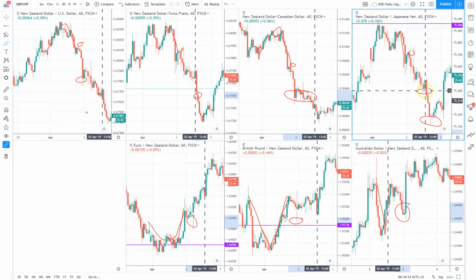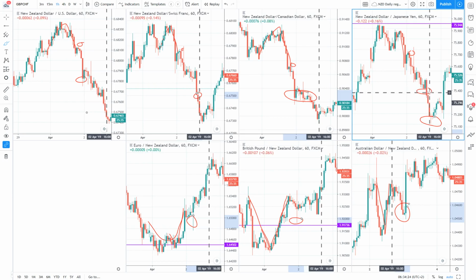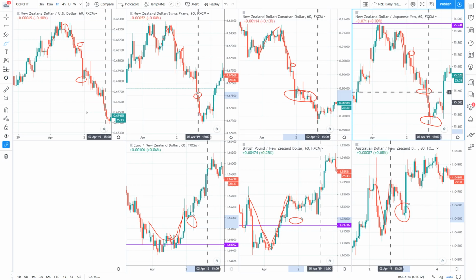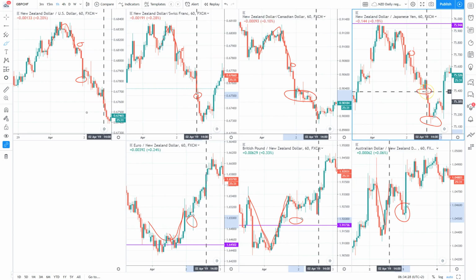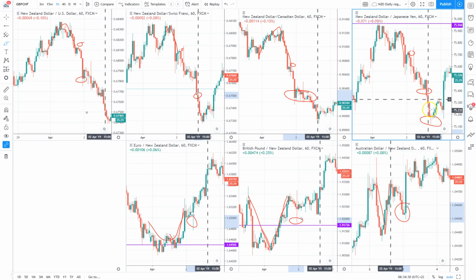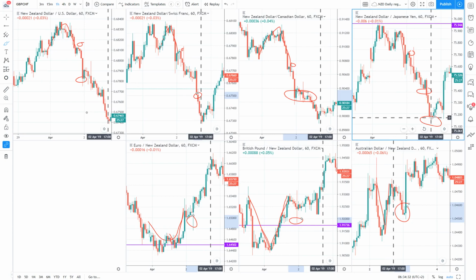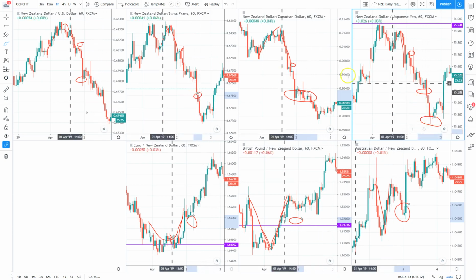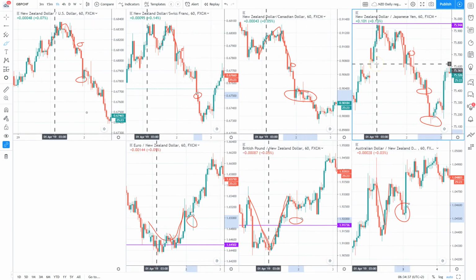So let's have a look at those 2 exits. They're very close to each other in candles, just a few candles apart. And it does line up with the New Zealand Swiss franc exit as well, or at least the first one does. The second one, not so much. Okay, so we have some correlation for these two pairs for their exit.